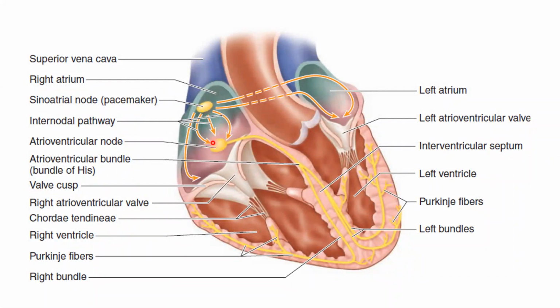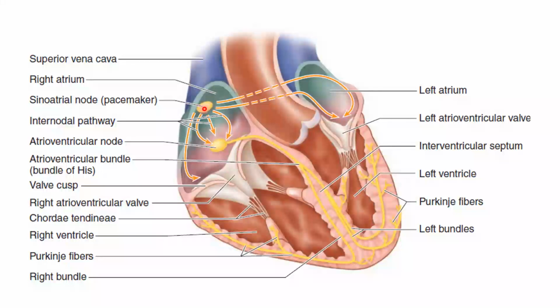Meanwhile, the impulse goes to the atrioventricular node, and through the atrioventricular node, it goes from the atria into the ventricles. So then you have the bundle of His, then the bundle branches, the right bundle branch and the left bundle branch, and finally you have the Purkinje fibers.